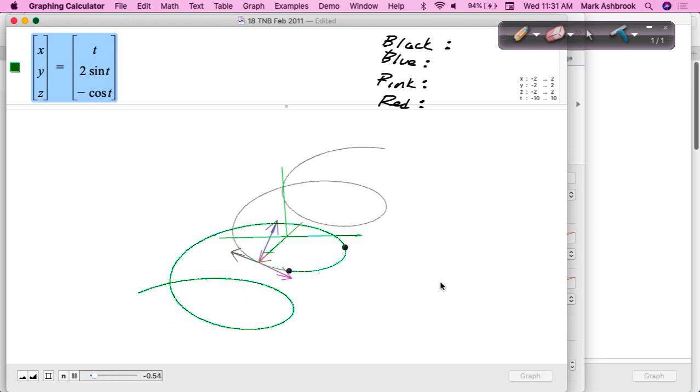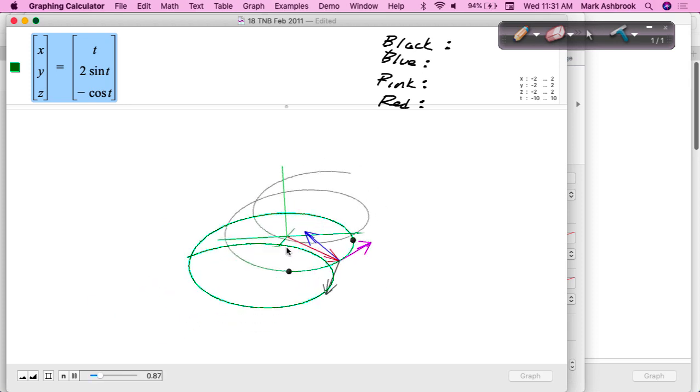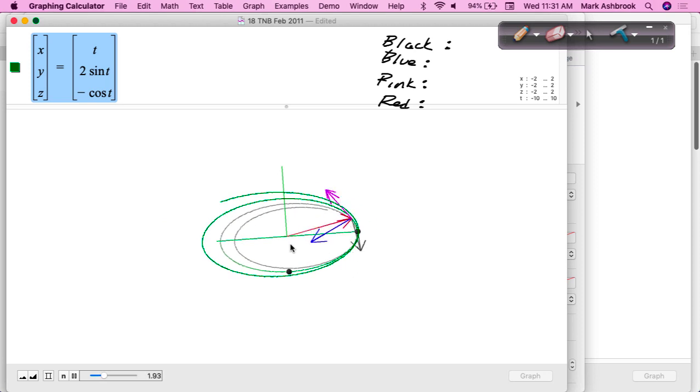Okay? What about the unit tangent? Where's our unit tangent vector? They're saying pink. Do you agree? Pink. Okay? What about our unit normal? I heard blue and black. If I look this way, I think this clears it up. Blue or black?